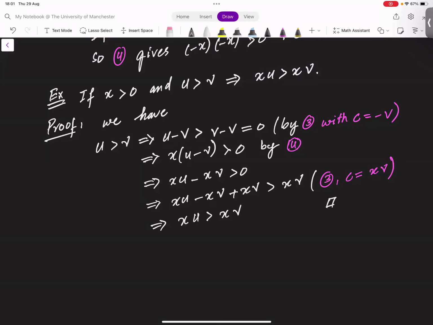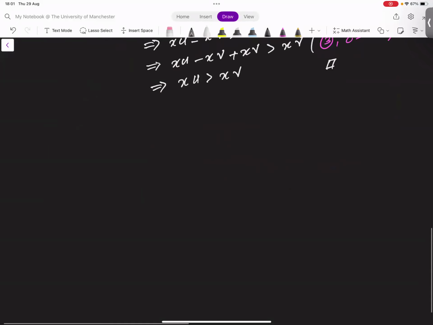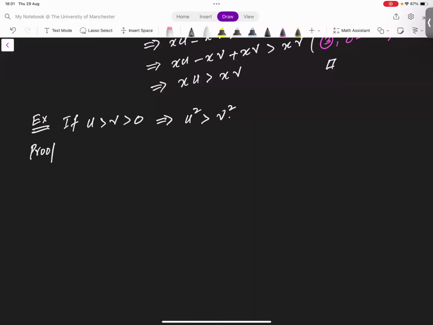Similarly, we can say something more. Example: if u is greater than v, which is greater than 0, then u square is greater than v square. Let's prove it.